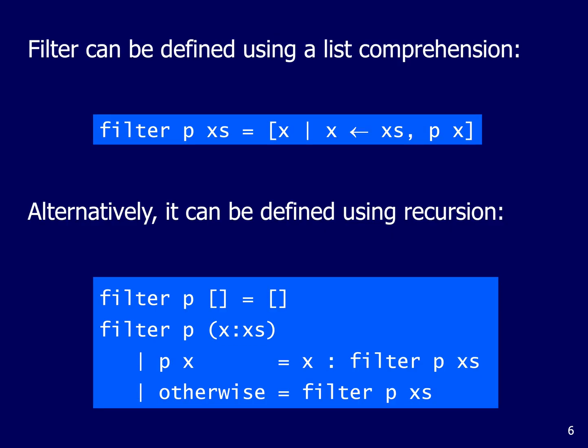And again, there's two, or at least two, natural ways to define the filter function. There's also a very simple one-line definition using a list comprehension. We can simply say if you filter some property p over a list xs, then you do what it says on the right-hand side. And the right-hand side's got one generator and one guard. So we're forming the list of all values x such that x is drawn from the list xs and p holds true for x.